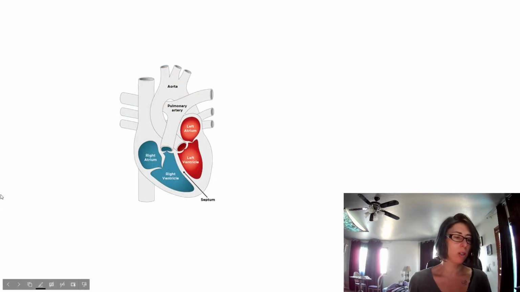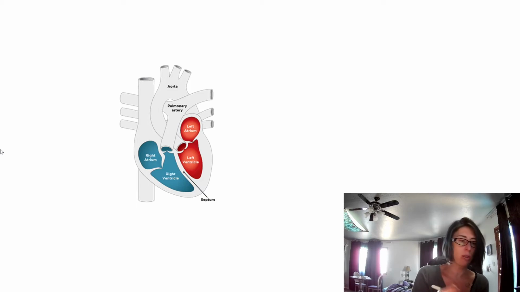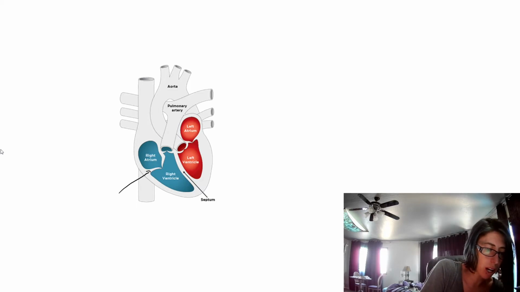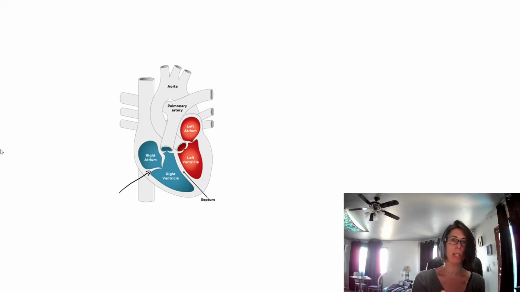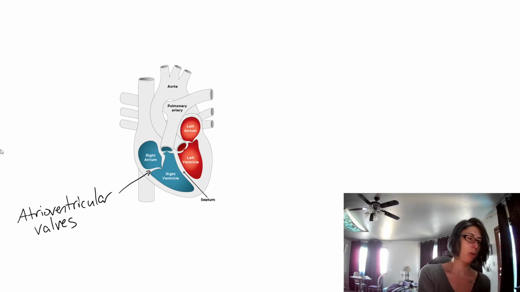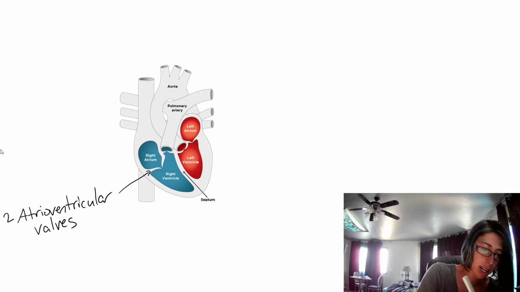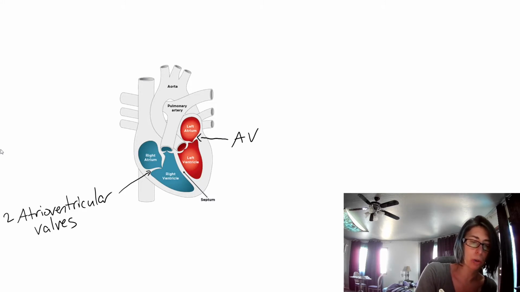So let's look at these valves more closely. So you have two pairs of valves. These valves are called atrioventricular valves. You have two atrioventricular valves, one there and one here. We call them AV valves for short.